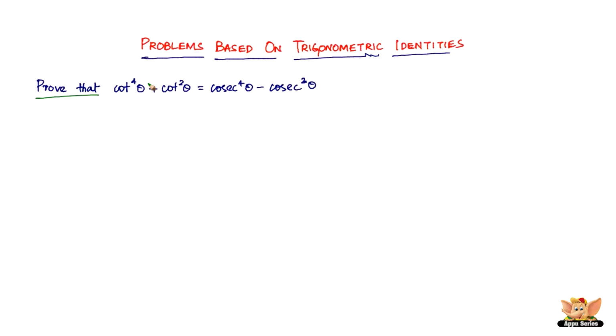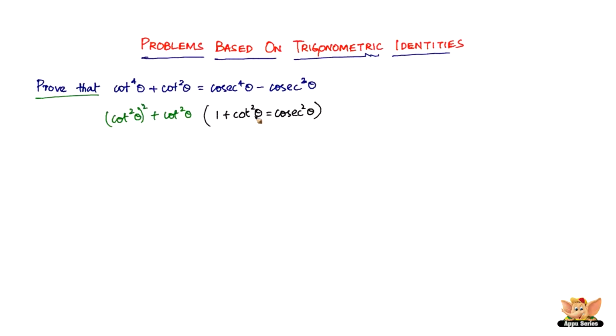So what we have to do is write this in terms of squares. So cot square theta the whole square plus cot square theta, right? Now as we write this, we also have to remember one of the most basic trigonometric identities, that is 1 plus cot square theta equals cosecant square theta.